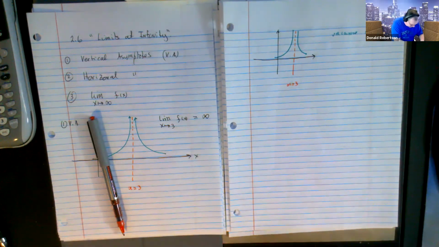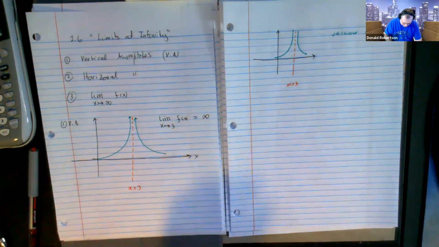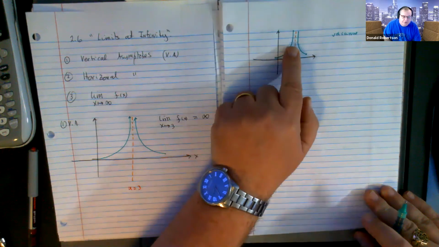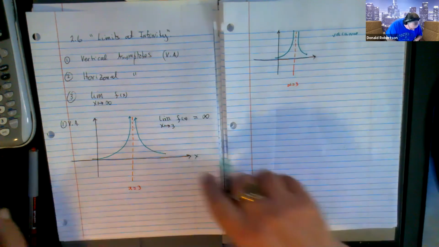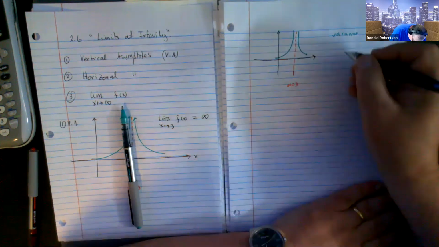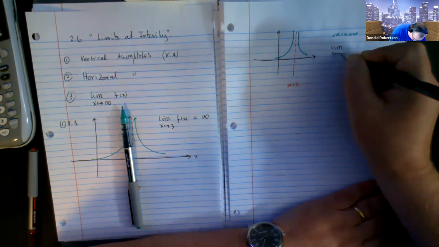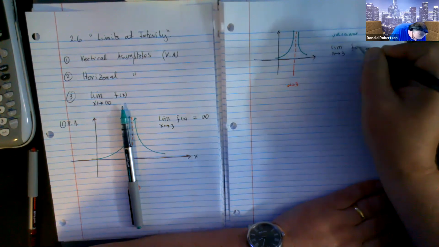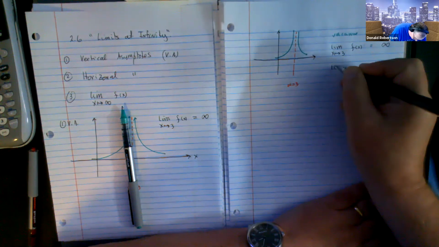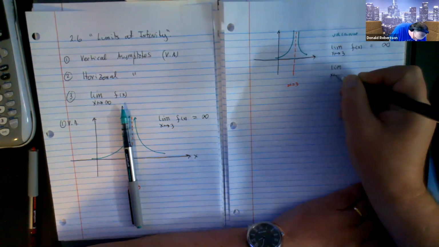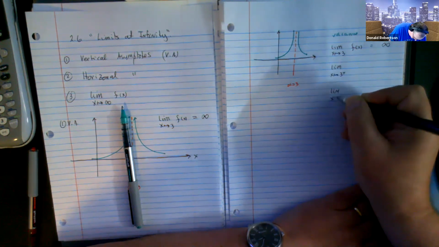So that is a vertical asymptote. There are 3 limits that you might be asked to find in all vertical asymptote questions. So here are the 3 answers. We've already done the first one, the overall limit. You could also be asked a right limit and then a left limit.